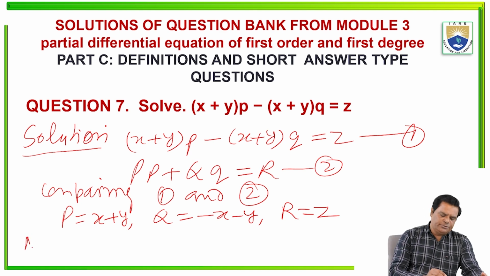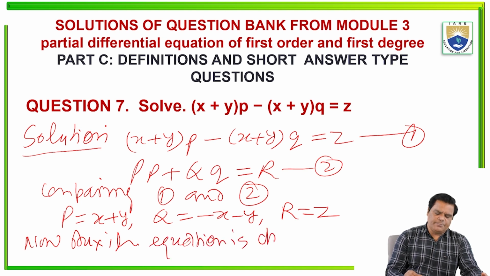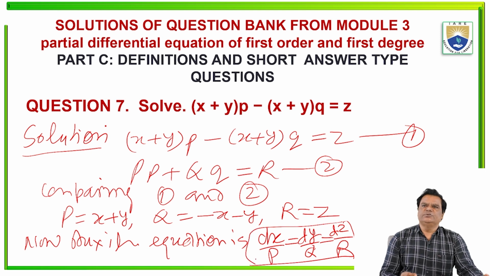Now the auxiliary equation is dx upon P, dy upon Q and dz upon R. This is equation 3.